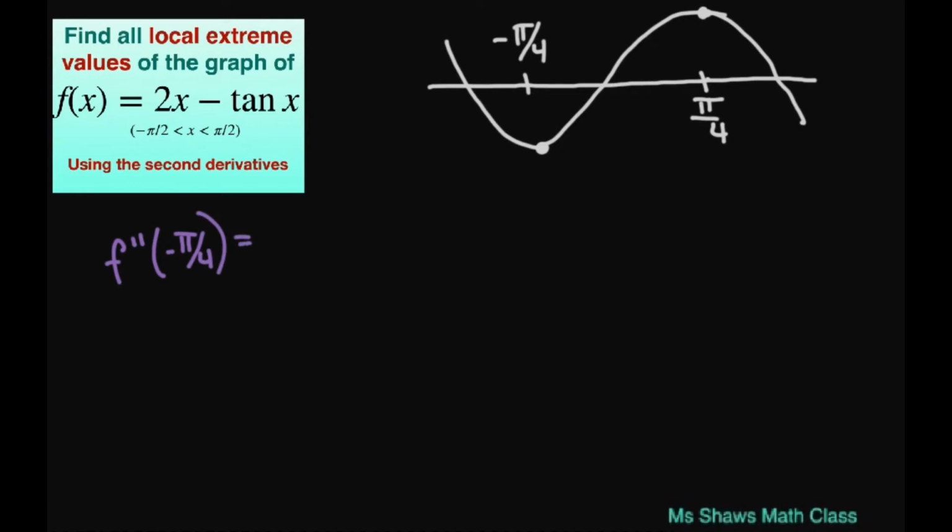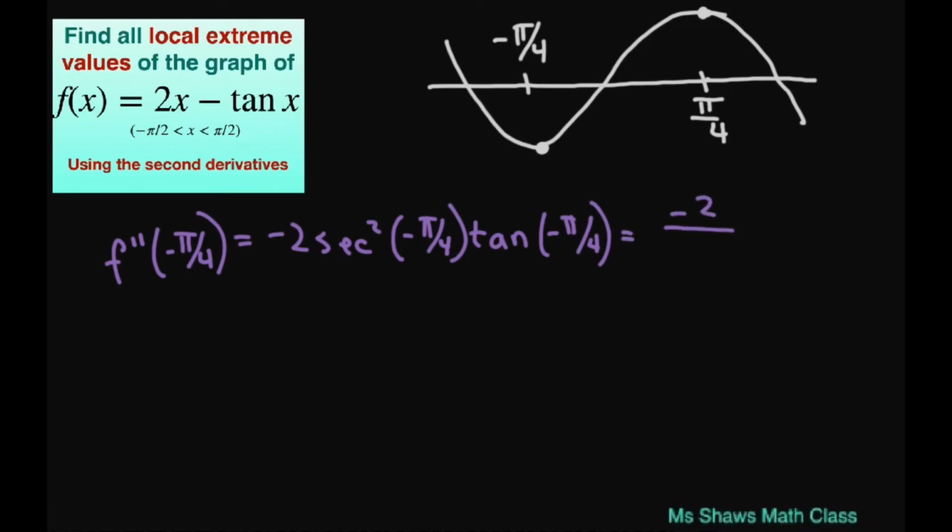And that's going to give you negative 2 secant squared of negative pi divided by 4 times tan of negative pi divided by 4. I'm going to rewrite this as negative 2 over cosine of negative pi divided by 4, squared, times tan of negative pi divided by 4.